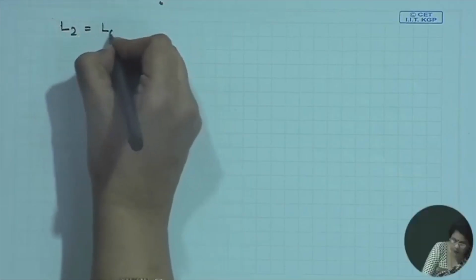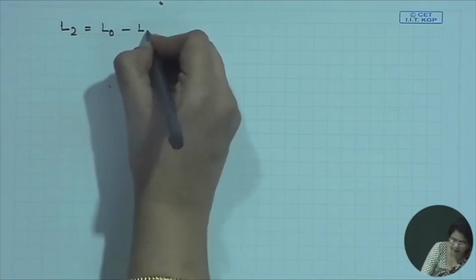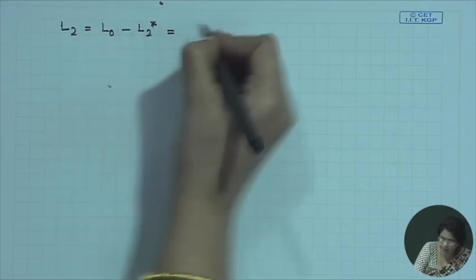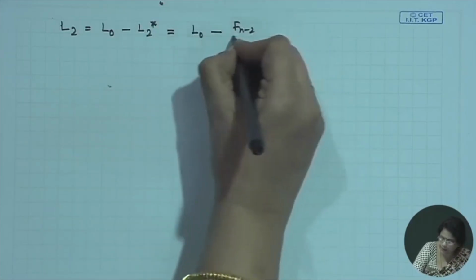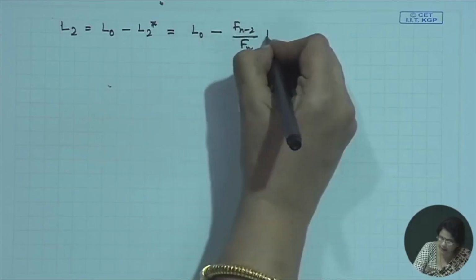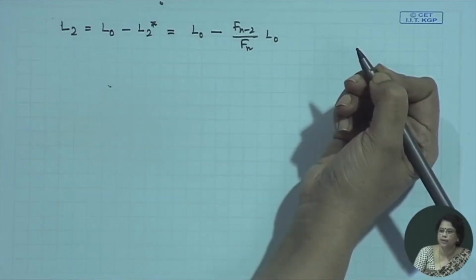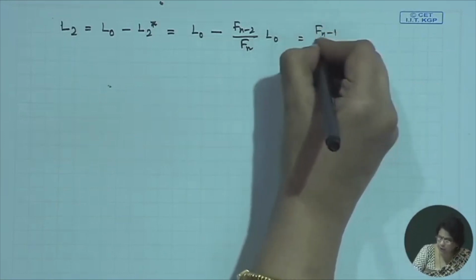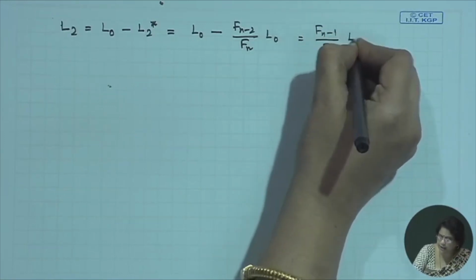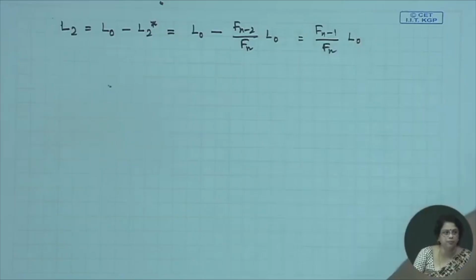Let me consider L2. L2 is equal to L0 minus L2 star. What is my L2 star? L2 star is equal to L0 minus Fn minus 2 divided by Fn L0. Alright. This can even be written as Fn minus 1 by Fn L0. There is no harm in writing it the other way.